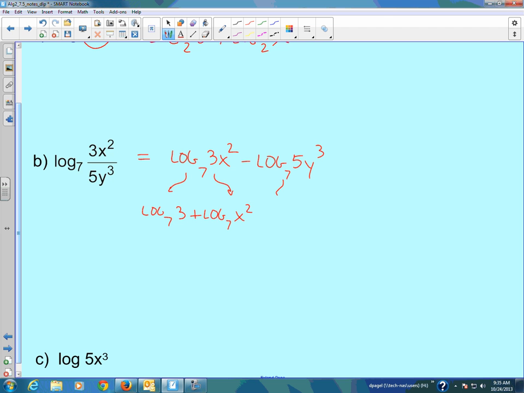And this one does the same thing. So log base 7 of 5 plus log base 7 of y cubed. Now, when I am subtracting and I separate one logarithm into multiple parts, I want to make sure I put parentheses around that because I'm going to have to distribute that negative.